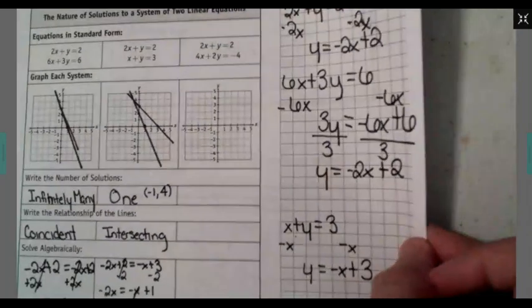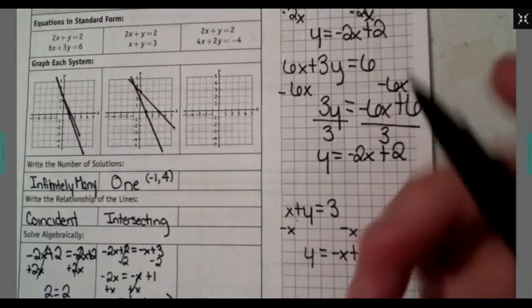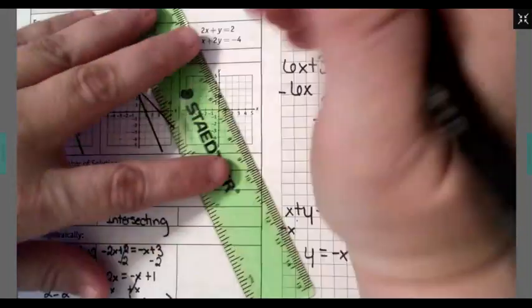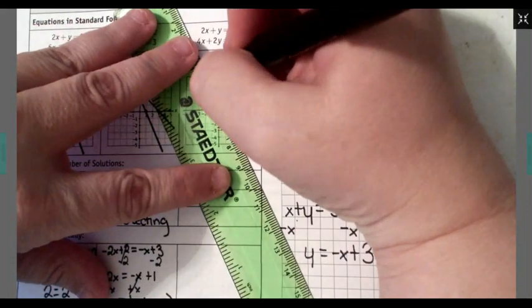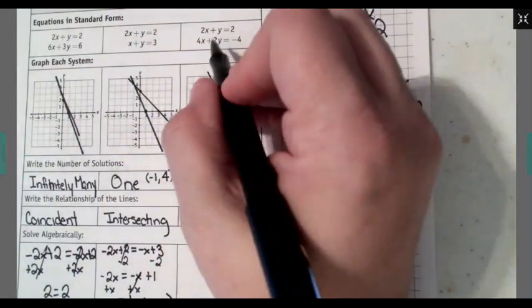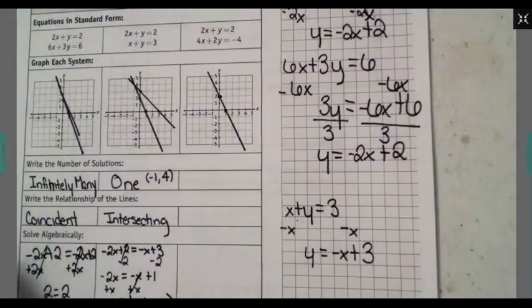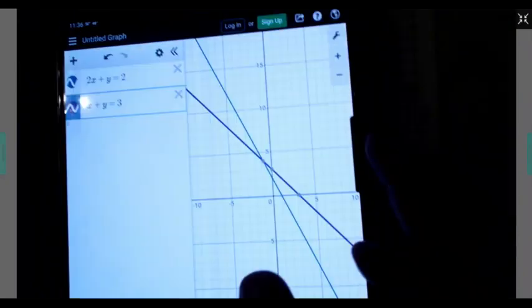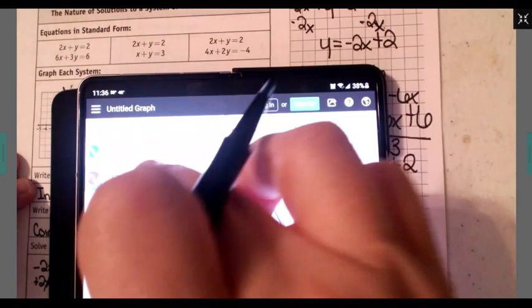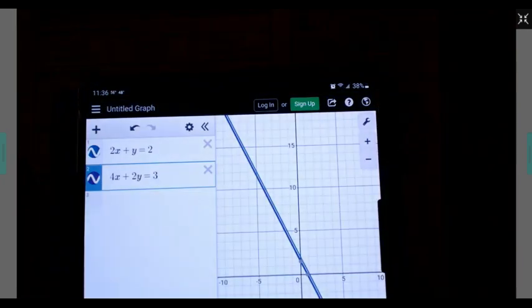On to the last set. That top equation has been the same for every single one of them, so I'm going to go ahead and graph that. Now we're going to graph this 4x plus 2y equals negative 4.